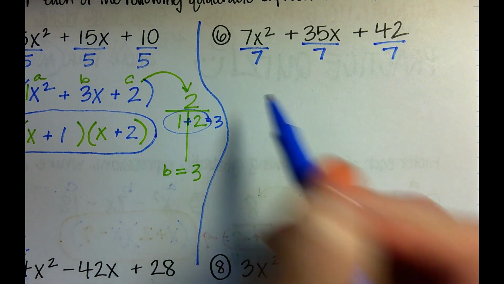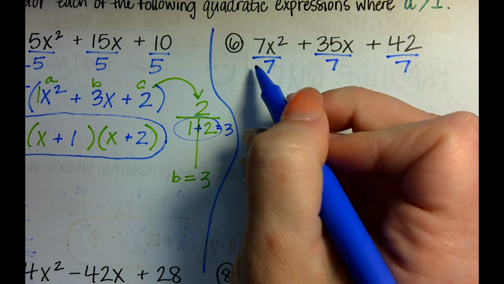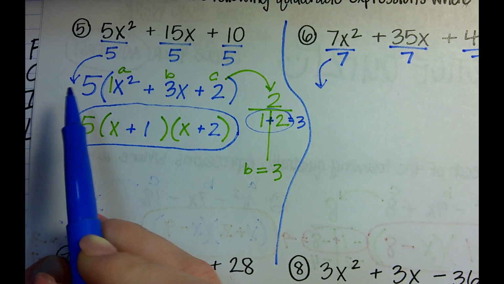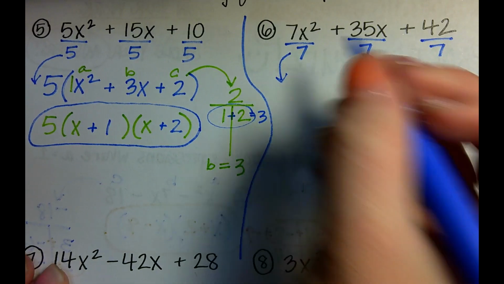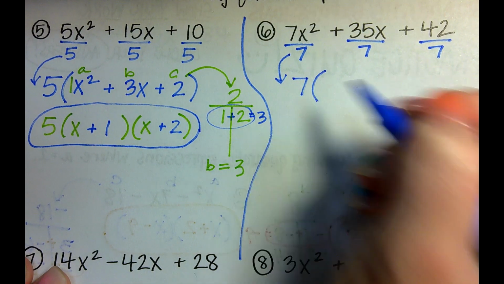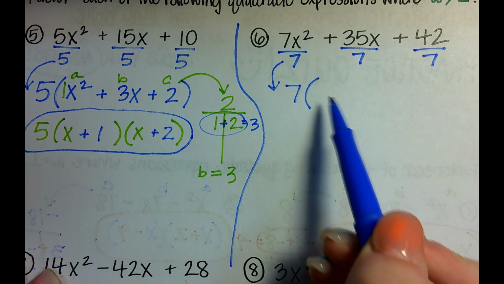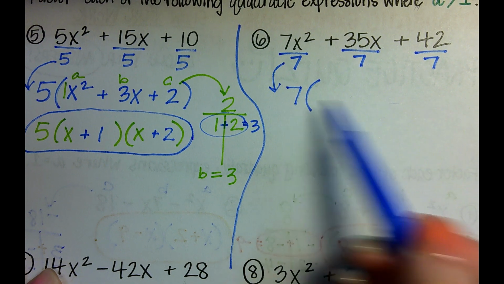So whenever I divide everything by a number, that number, just like in the previous problem, goes outside the parentheses. And then we write the reduced quadratic inside.